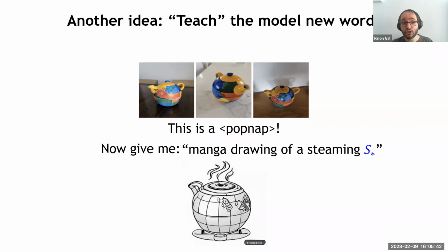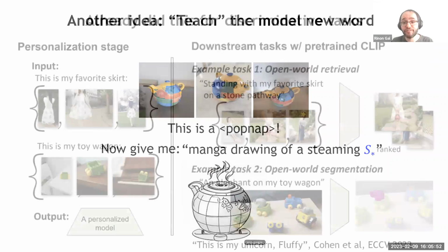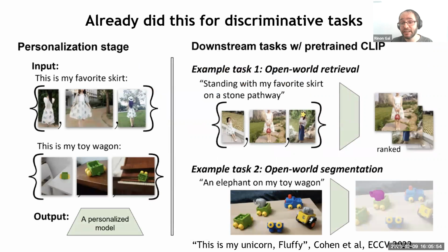We're going to try and teach a model new words. And before we delve deeper into this, I just want to give some credit where credit is due, because this isn't actually the first paper where our NVIDIA team does this sort of thing. We actually presented a paper in ECCV where we taught CLIP new words that describe specific objects for discriminative tasks.